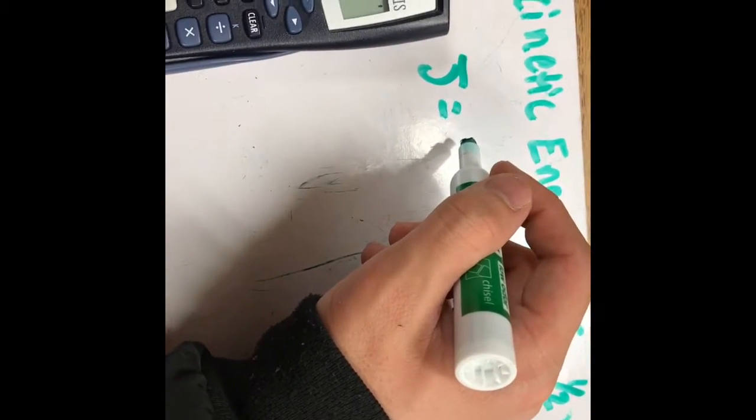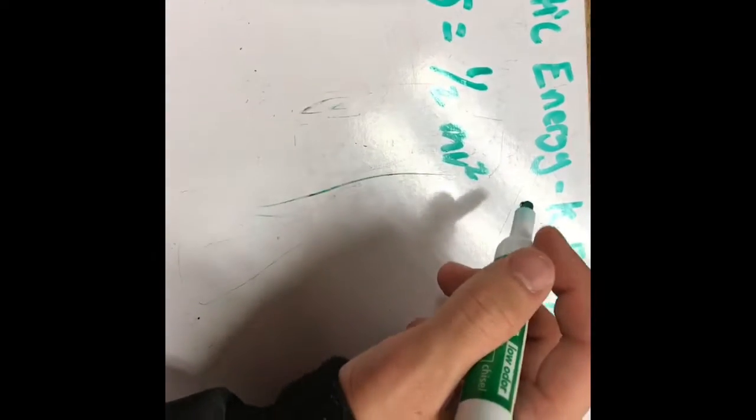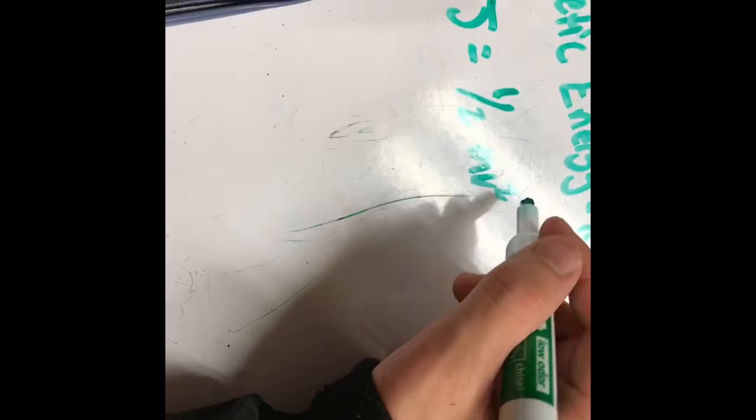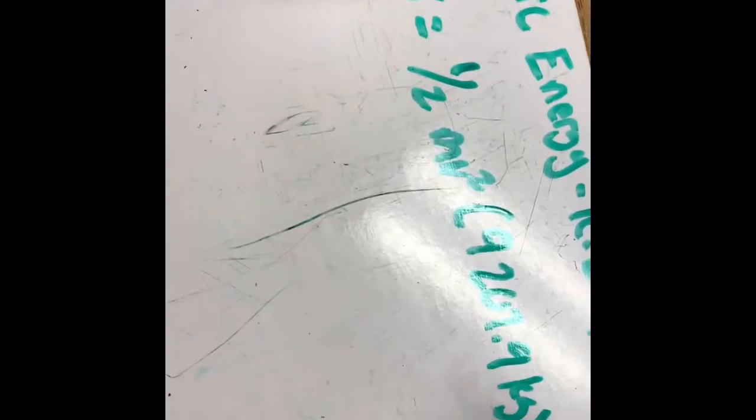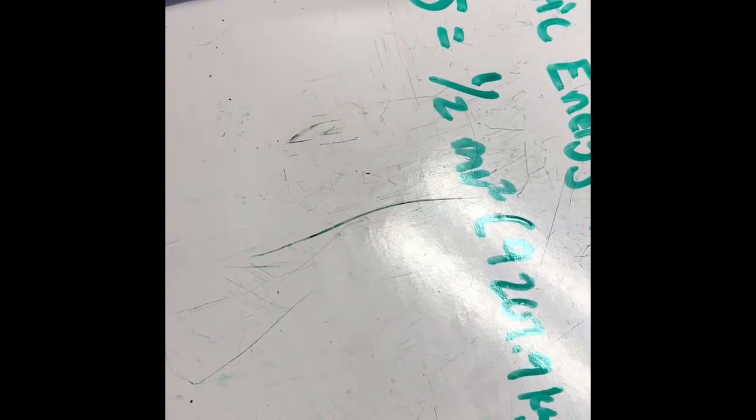The mass for the F-16 fighter is 9,207.9 kilograms. And the velocity of the F-16 fighter is 670.56 meters per second.